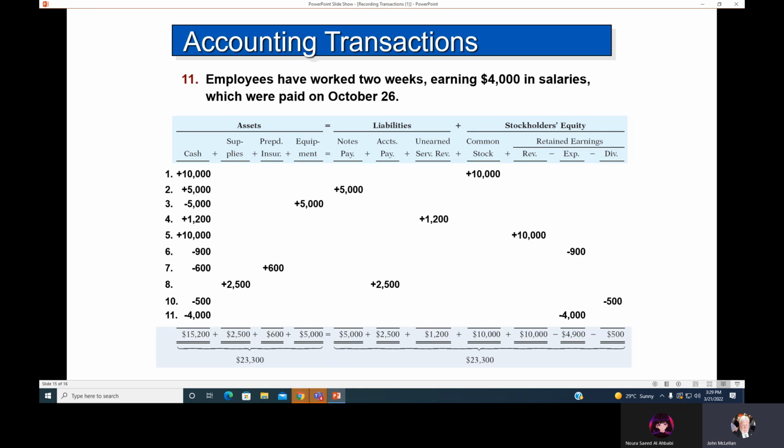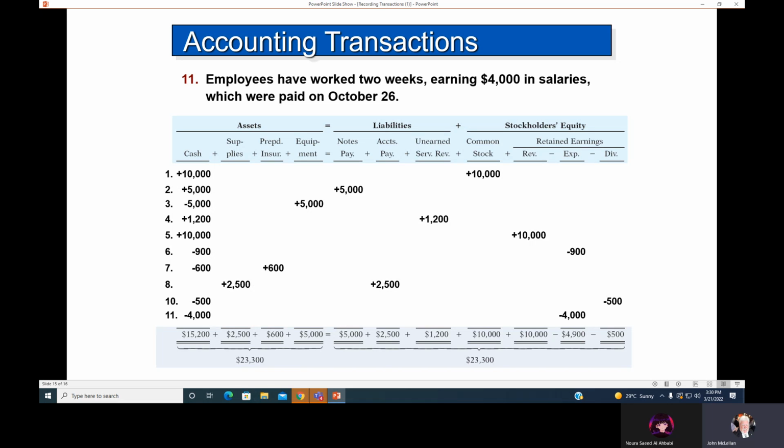On the other side, I have liabilities of $5,000 notes payable, $2,500 accounts payable, and $1,200 unearned service revenue. I also have common stock of $10,000, and I have revenue of $10,000. But I have expenses, which are negative, of $4,900, and I have dividends, which is negative, of $500.